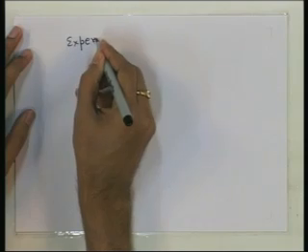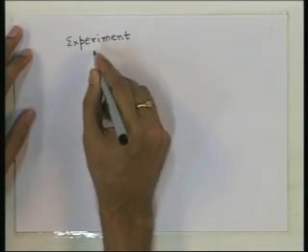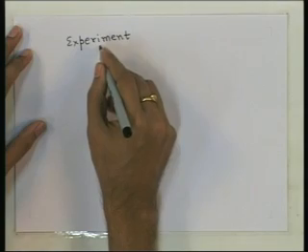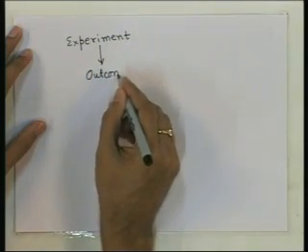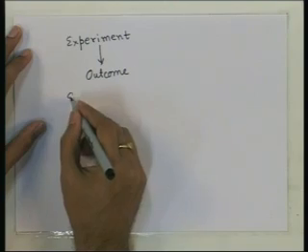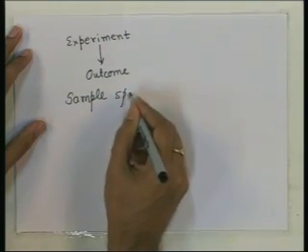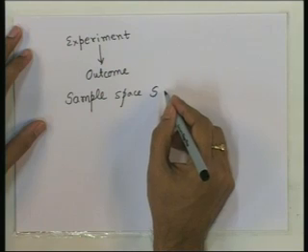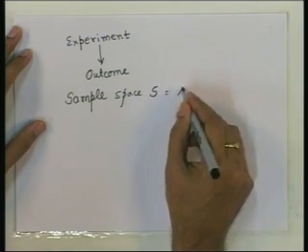Okay. So, there is an experiment and there is an outcome of the experiment, and the sample space, we will be denoting it by S, is a set of outcomes.